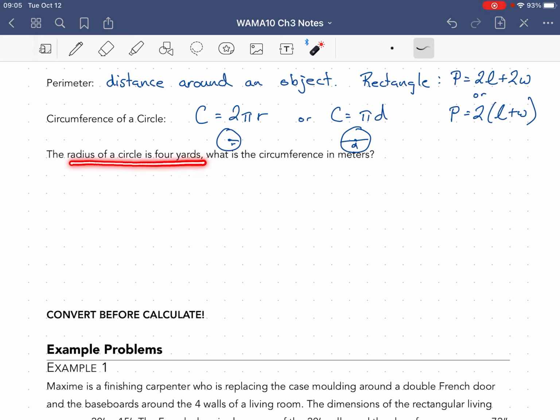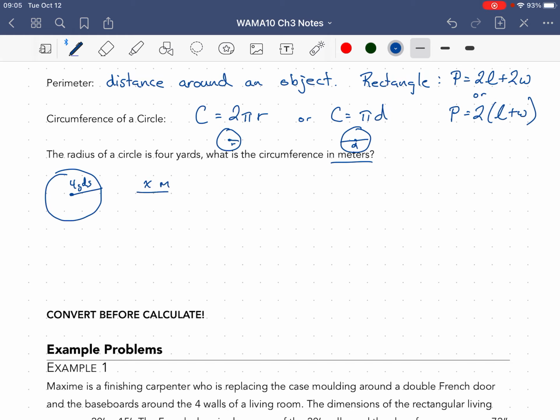So the radius of a circle is 4 yards. What is the circumference in meters? Okay, so the radius is 4 yards. What I like to do is sketch out a diagram first. Here's my circle. 4 yards. Now, I want my answer in meters, so I'm going to convert first from yards to meters.